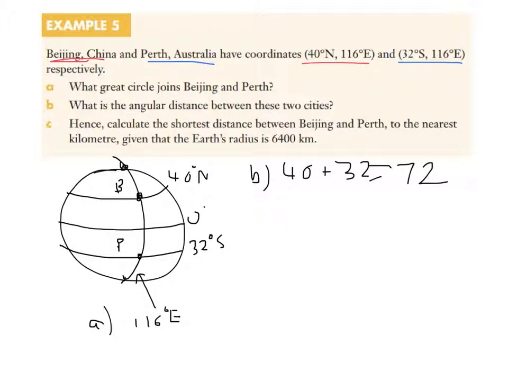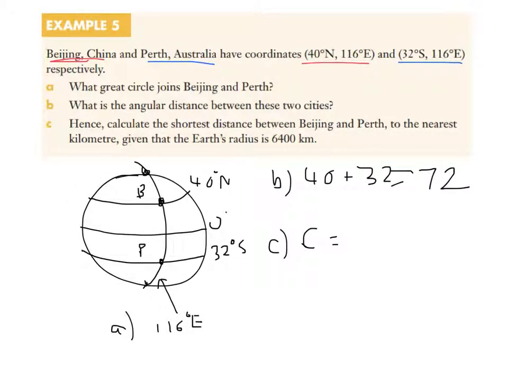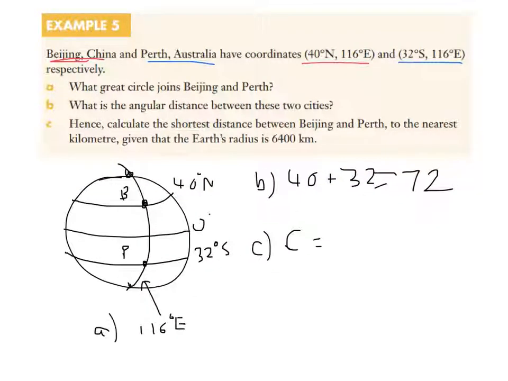Alright, remember from last video what we had to do? The distance or circumference around part of a circle. So we're not dealing with a whole circle here, we're dealing with part of a circle, which would be the angle over 360 times by 2 pi r.